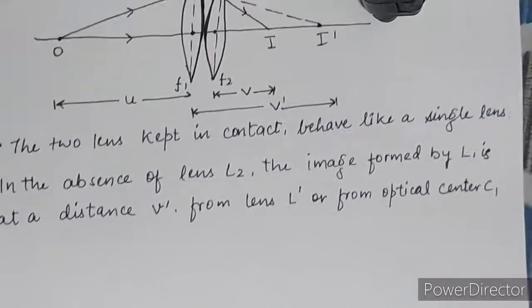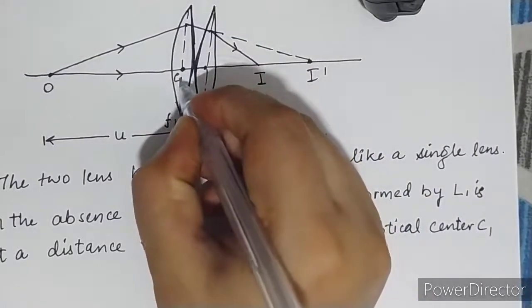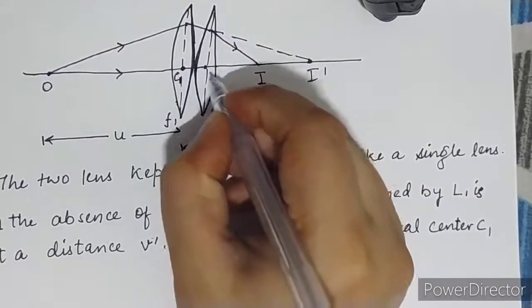Here I am giving names to the lenses: this one has optical center C1 and this one has optical center C2.